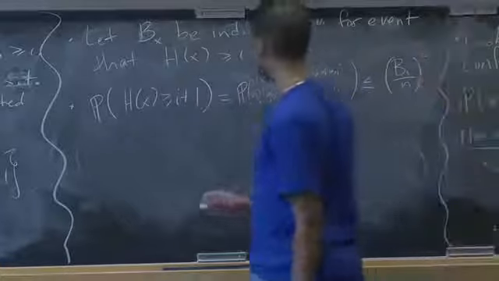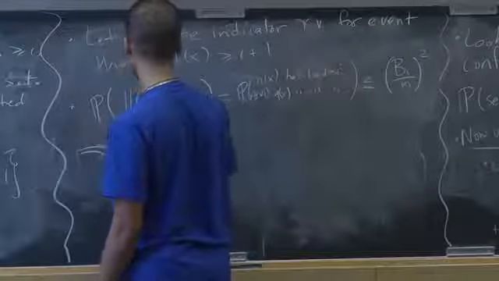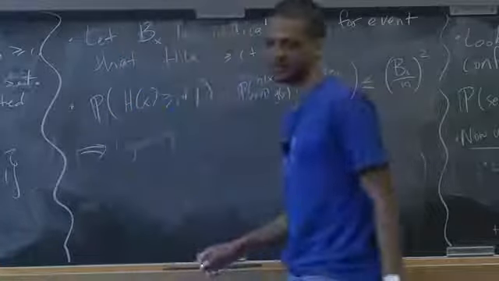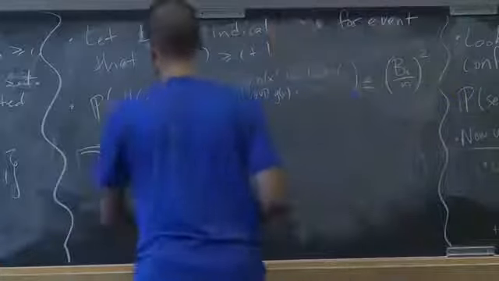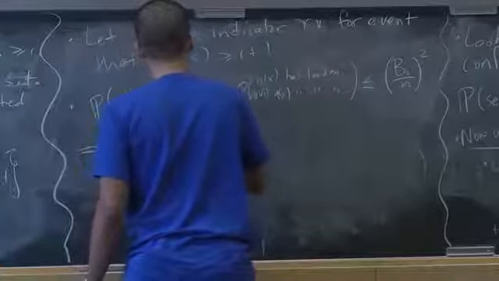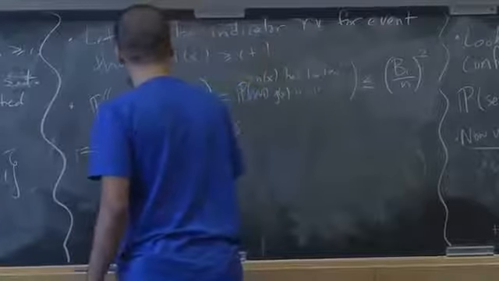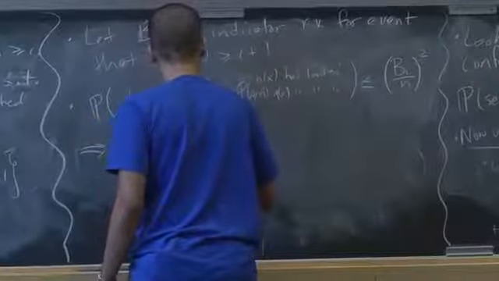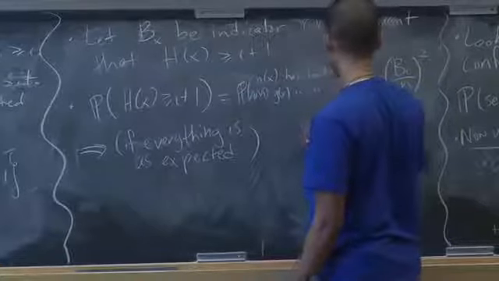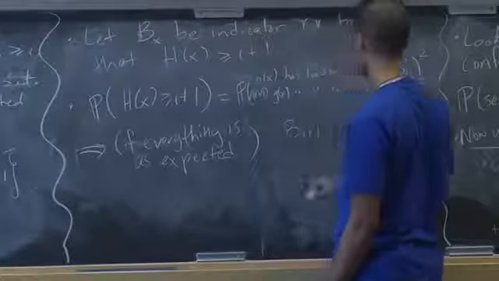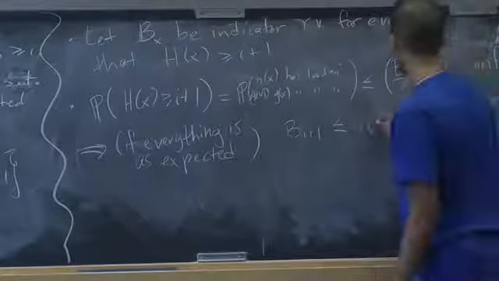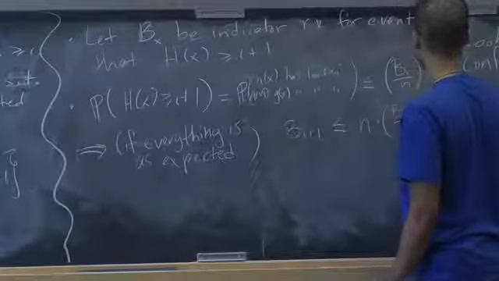So this implies, ignoring the fact that things don't behave exactly like their expectation, that if everything is as expected, we have that b_{i+1} is at most n times b_i over n squared.